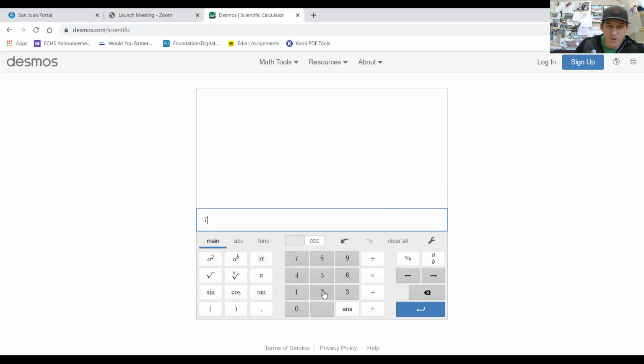So 7,200 times 0.06 times 91 over 360. Enter, so you get $109.20.